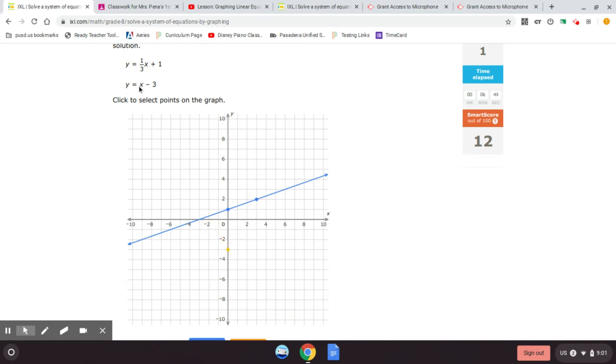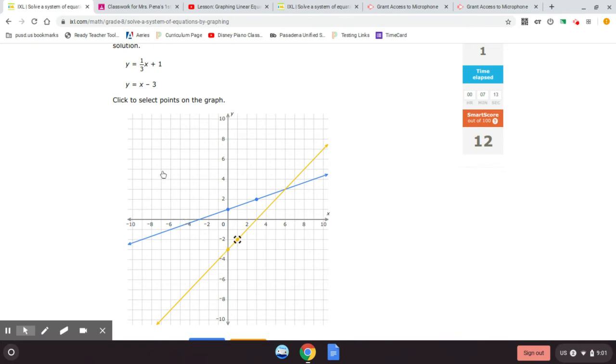And then I don't see a slope. I don't see a number in front of the variable, in front of the x. So I know when there's not a number there, not a coefficient, that it's understood that it's a 1. Okay? But for slope, we want a fraction. So I can make any number a fraction by putting it over 1. So this would be 1/1. So I go up 1 and over 1.